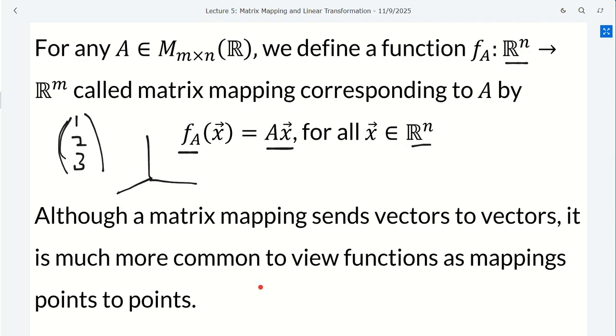So although we are mapping from vectors to vectors, in actual sense, we are mapping from a point to a point, because a vector is a point in that space. If you are dealing with any dimension, whether 10-dimension or 5-dimension, in that space, that is a point. So you are mapping from an old point to a new point.